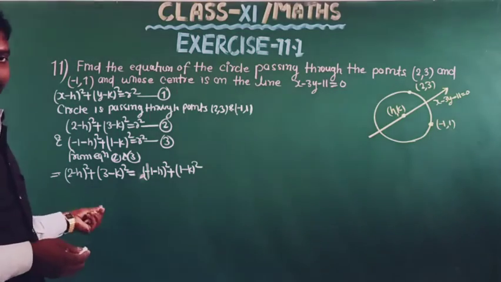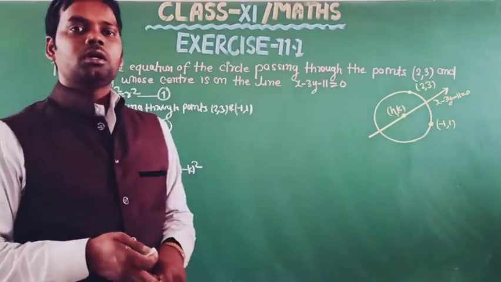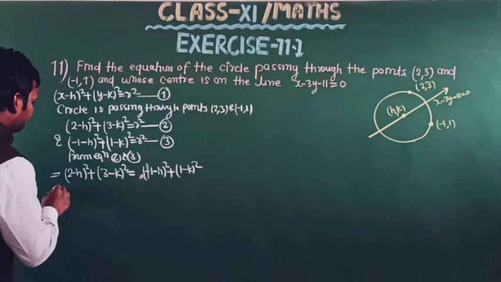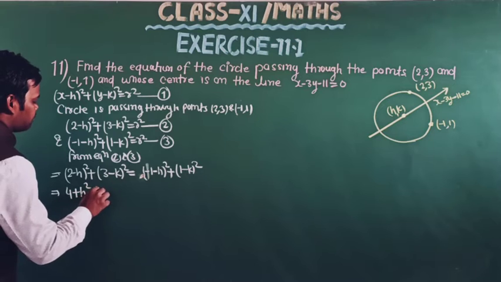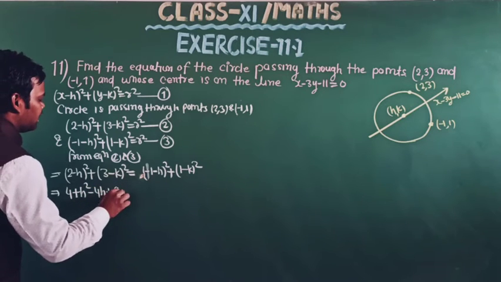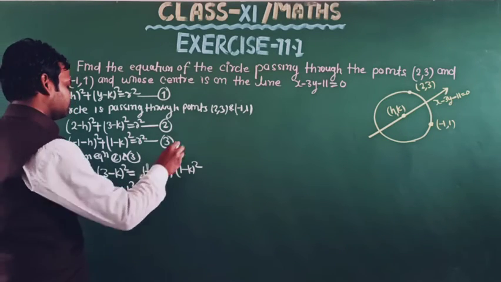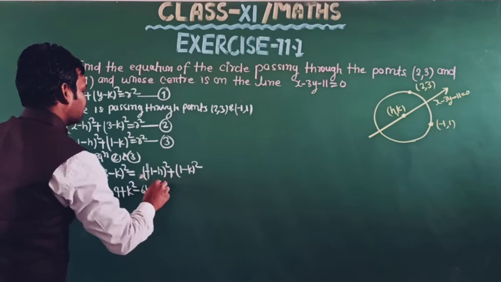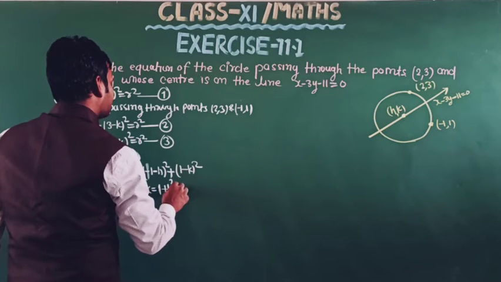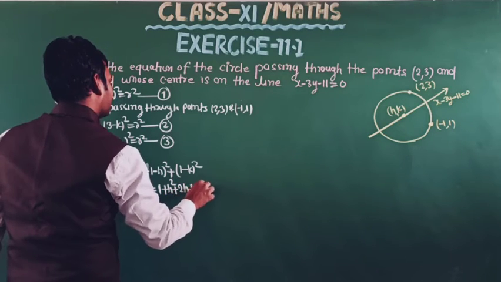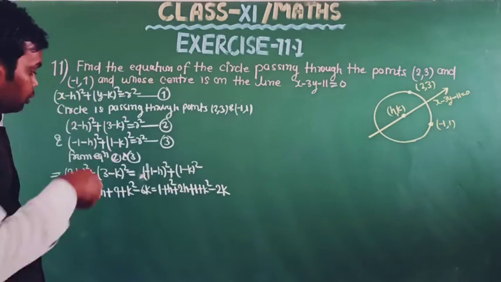Okay, now expanding the perfect square terms by using the identity. So this becomes 4 plus h square minus 4h plus 9 plus k square minus 6k equal to 1 plus h square plus 2h plus 1 plus k square minus 2k.